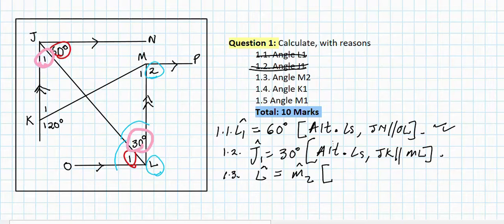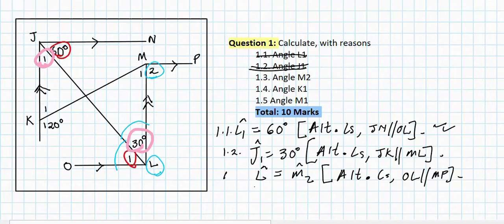And our reason for that is because we saw a Z formation. A Z formation is associated with alternating angles. Which parallel lines are they using? We know that OL is parallel to MP right there.